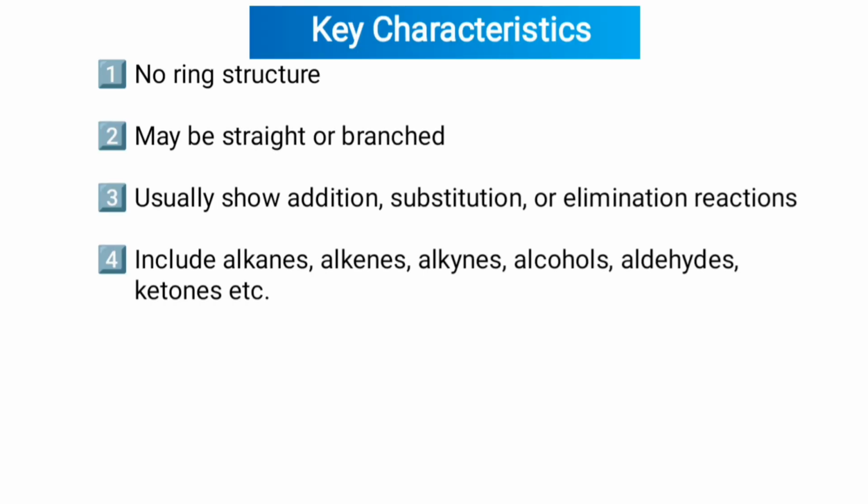Key characteristics of acyclic compounds. First one, no ring structure. Second one, may be straight or branched. Third one, usually show addition, substitution, or elimination reactions. Fourth one, include alkanes, alkenes, alkynes, alcohols, aldehydes, ketones, etc.